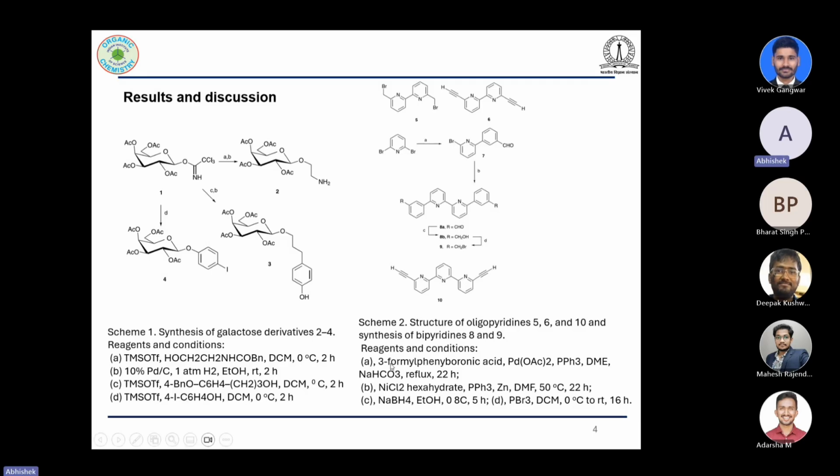Then at last, by reducing with NaBH4, they got this compound 8b. Further, by reaction with PBr3 in DCM, they converted this alcohol into bromide, and they synthesize compound 10 as a starting material for the forward reaction.